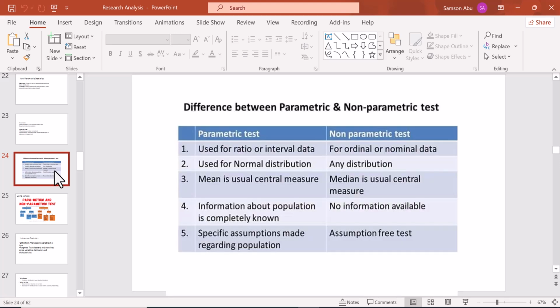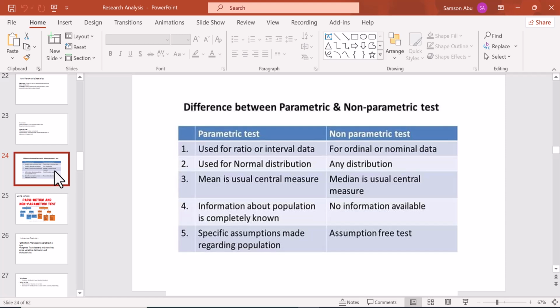This is just a summary table to differentiate between parametric and non-parametric tests. Parametric tests are used for ratio or interval data, non-parametric tests for ordinal or nominal. Parametric tests assume a normal distribution, while non-parametric tests apply to any distribution. Mean is the usual central tendency for parametric, while for non-parametric it is the median.